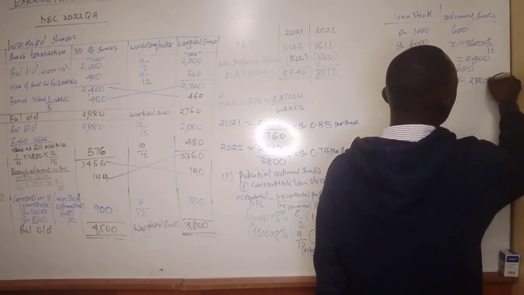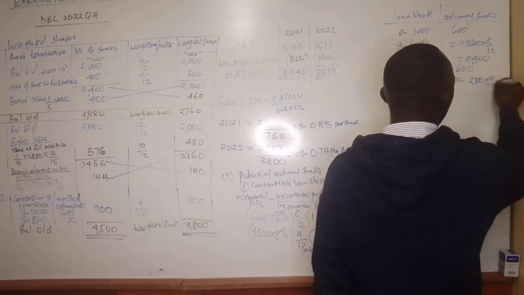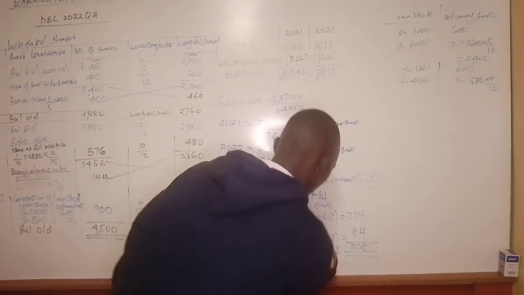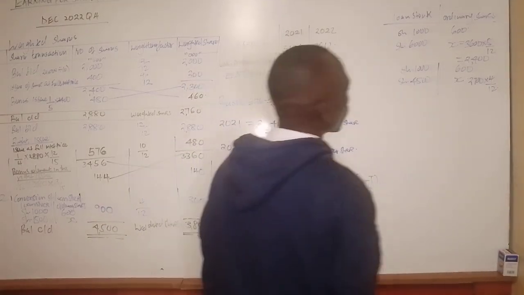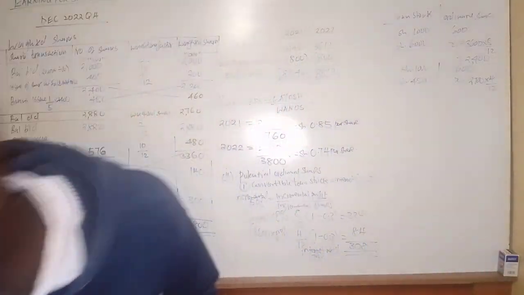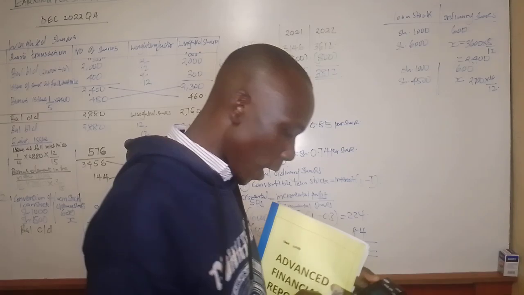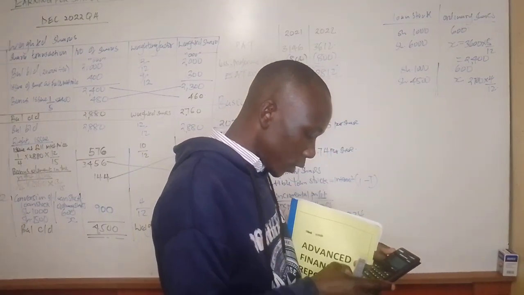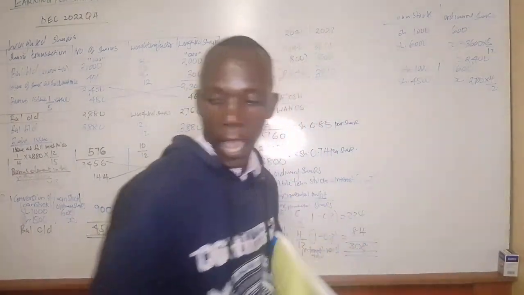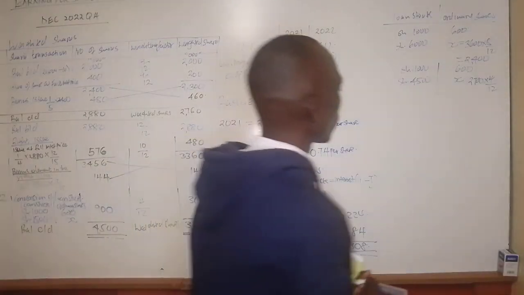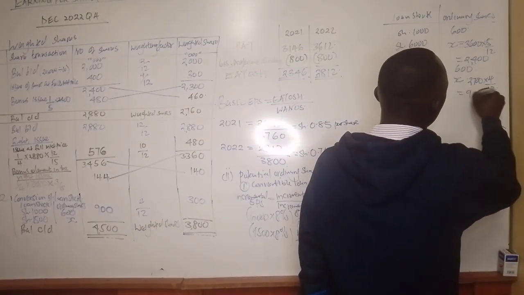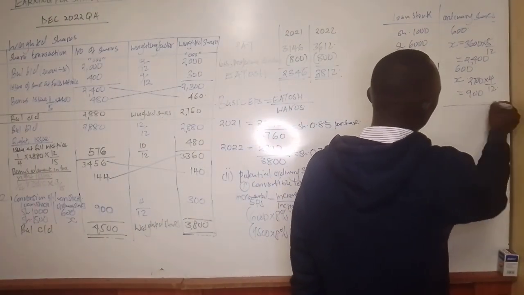Then you prorate for how many? 4 out of 12. This period here, 4 out of 12. So you are going to have how many? So you multiply by 4 out of 12. So you will have 900. So here you are having 900. Then let us get the total.